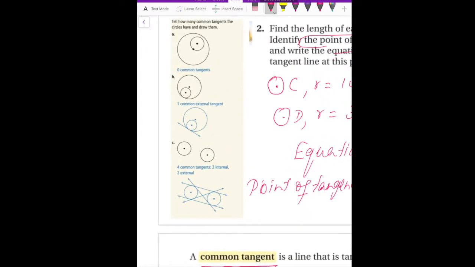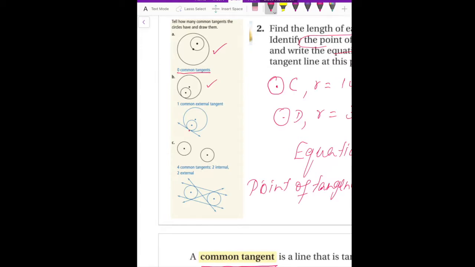When you look at this figure here, tell how many common tangents the circles have and draw them. If you have one circle like this, and they are not touching at any point, and another circle internally like this, you have 0 common tangents. The second case, part B, is what if you have two circles like this?